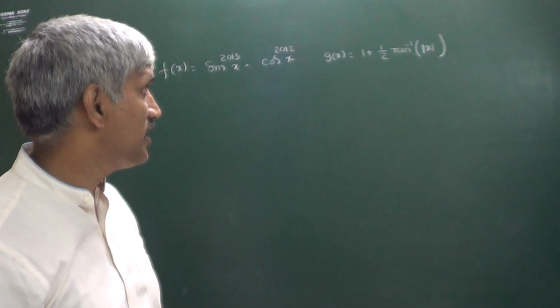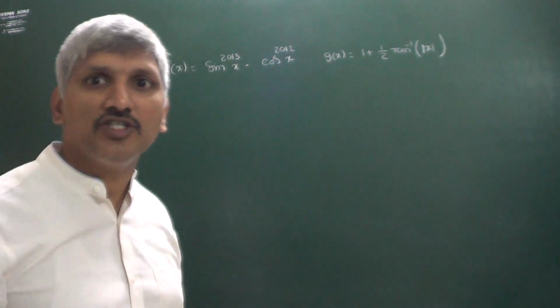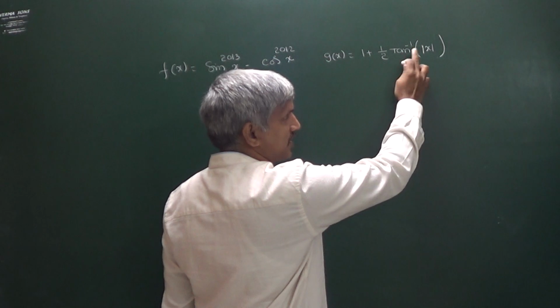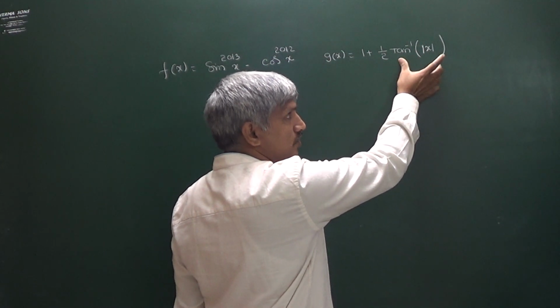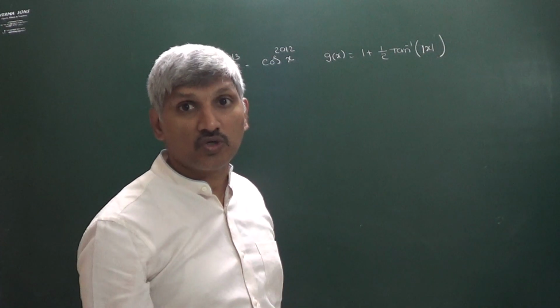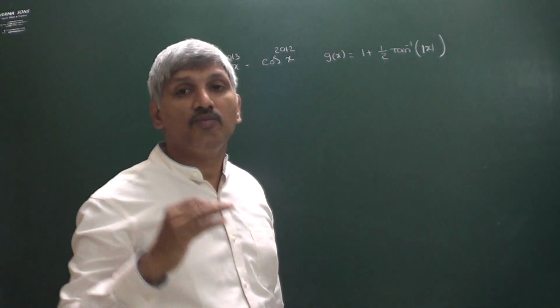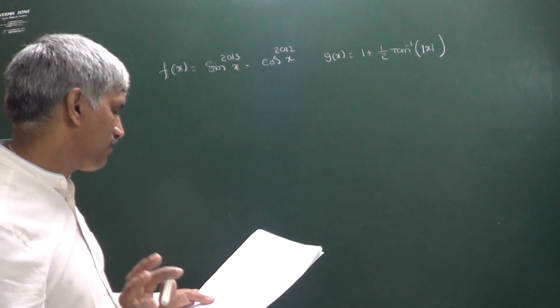That information is saying that g of x is positive, g of x is greater than 0, because when tan inverse of x is there, it lies between minus pi by 2 and plus pi by 2. But tan inverse of mod x means it lies between closed interval 0 to open interval pi by 2. So 1 plus this value is definitely more than 1. Right, g of x is greater than 0, that information we have.